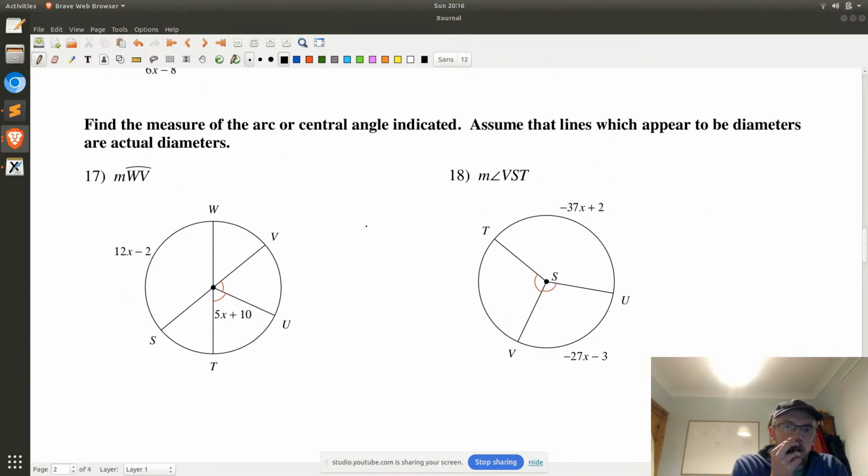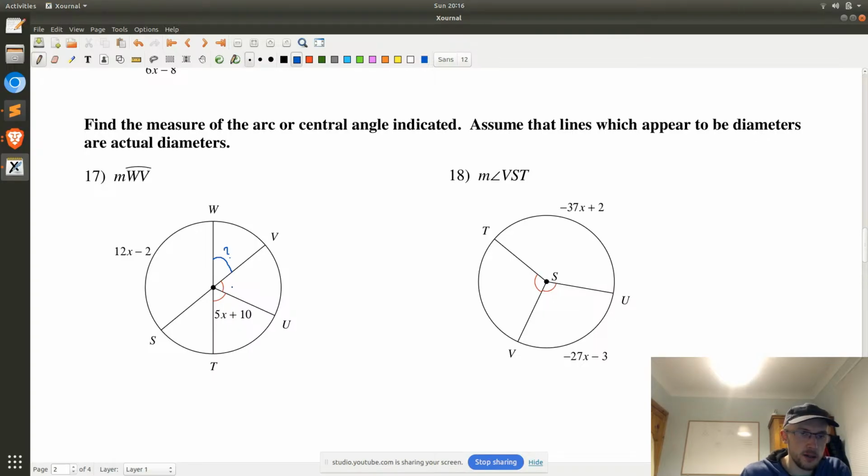Find the measure of the arc or central angle indicated. Assume that lines which appear to be diameters are actual diameters. Okay. Find the measure of WV. Right, that's the sort of question mark angle.